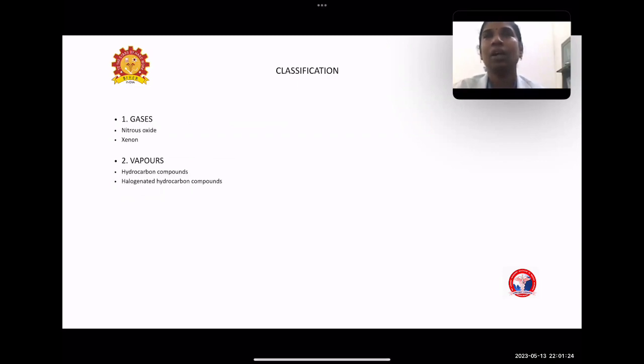Moving on to the classification, it has been broadly classified into gases and vapors. Under gas, we have two gases, nitrous oxide and xenon. Whereas in vapors, we have two different components: hydrocarbon compounds and halogenated hydrocarbon compounds.